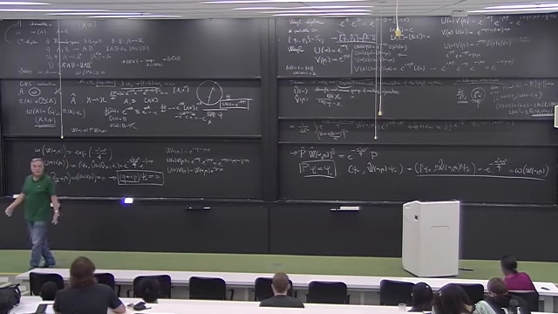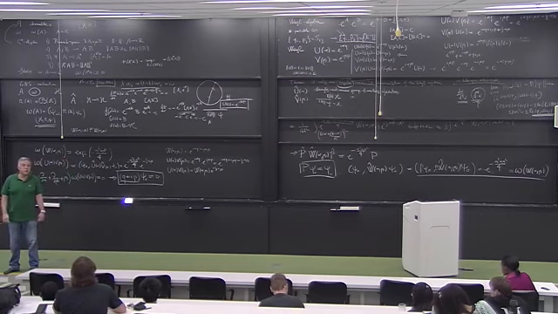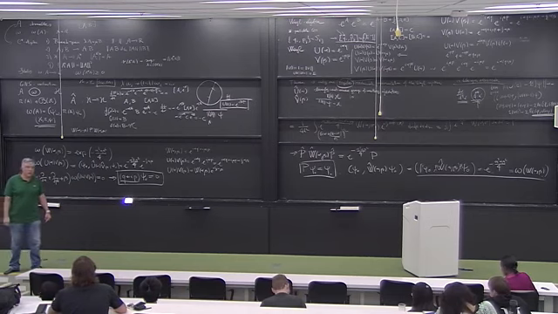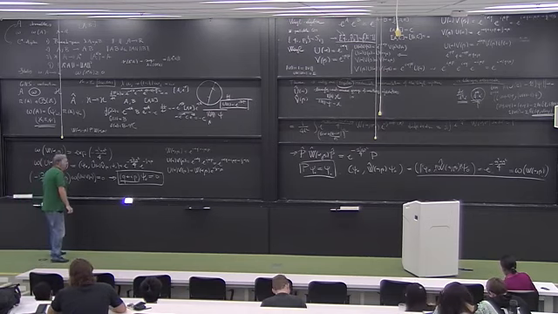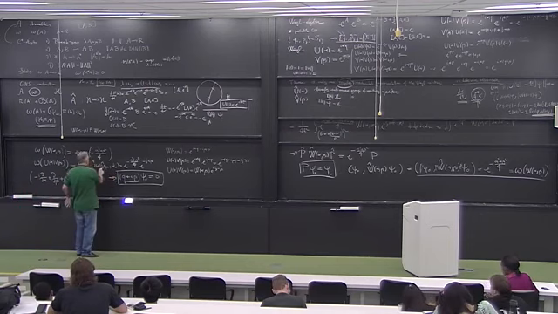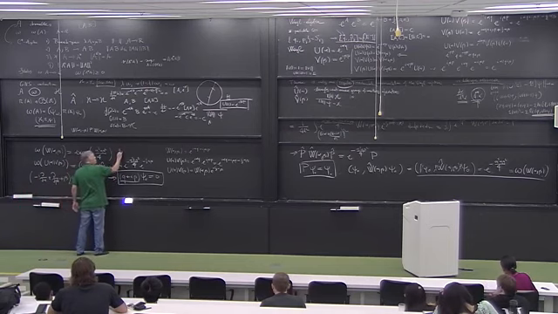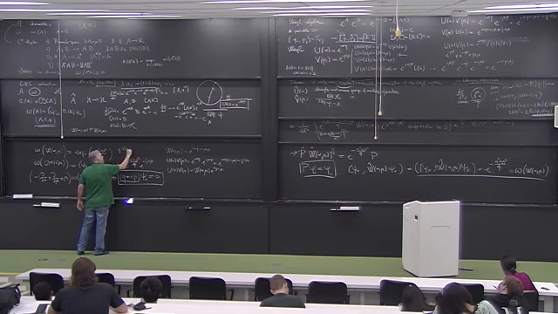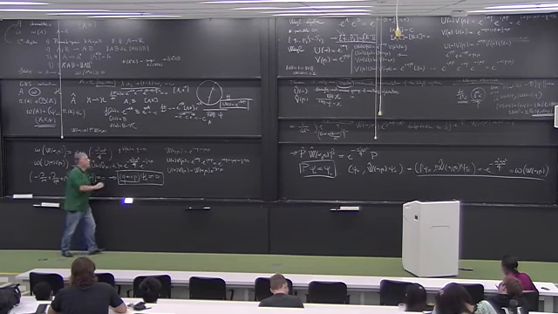The Fock representation is the unique representation of the canonical commutation rules. We can say it this way. To pass from here to here, you have to commute Q and V of beta. And this will be Q minus beta, V of beta.